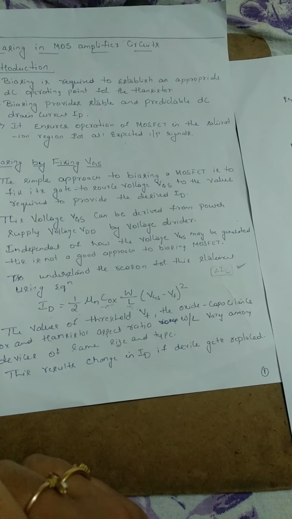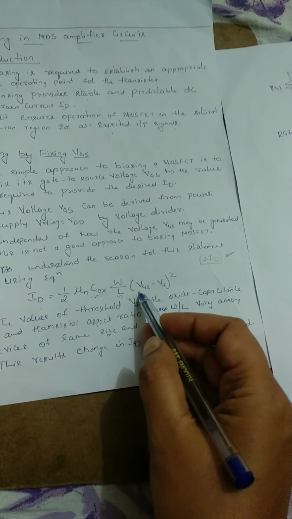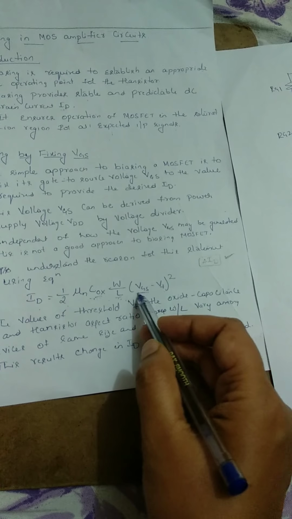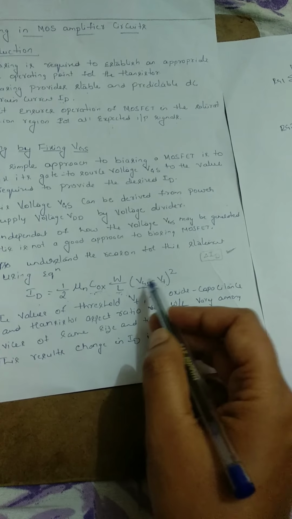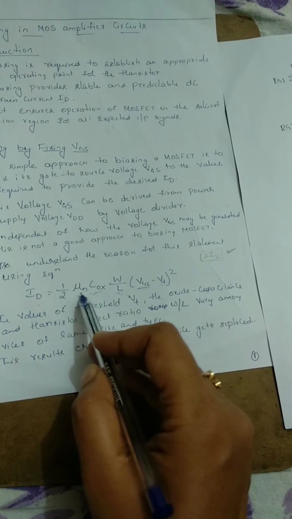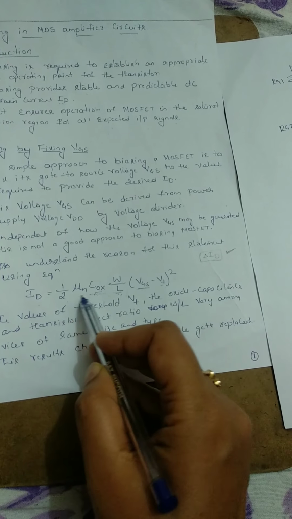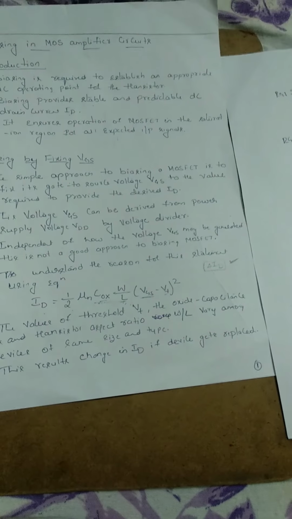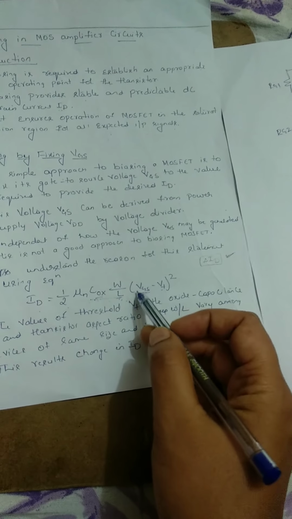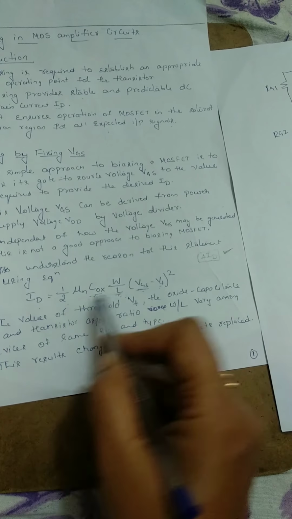Now if we make VGS constant, that is, we fix our VGS so that it will not vary, then VT and all these parameters will become more temperature dependent, since we cannot vary these parameters.